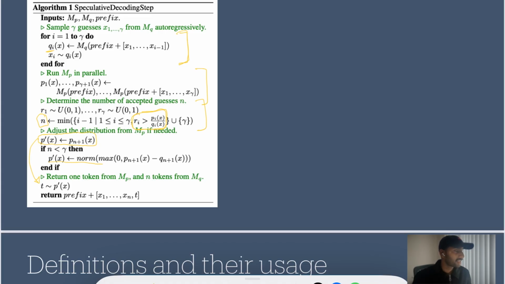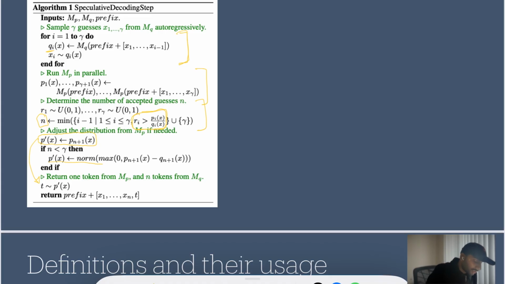If that index happens to be less than gamma, that means we have had a rejection somewhere in the middle. We only accept tokens up until then and sample a new token from this new normalized distribution.